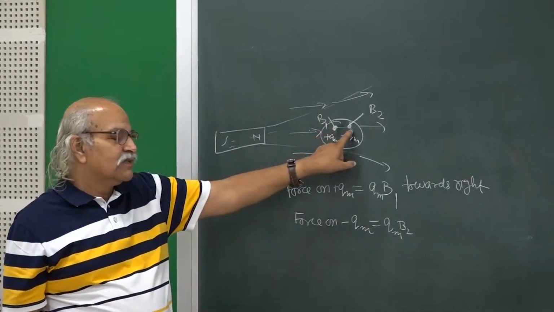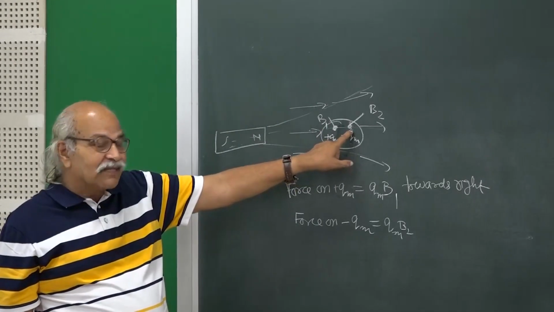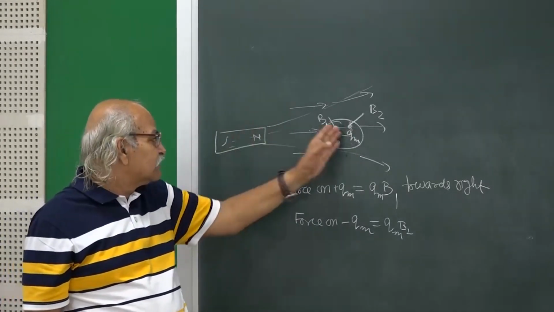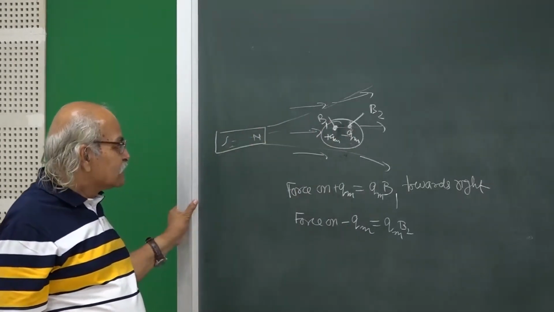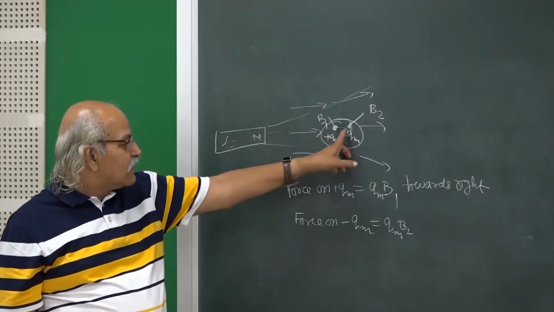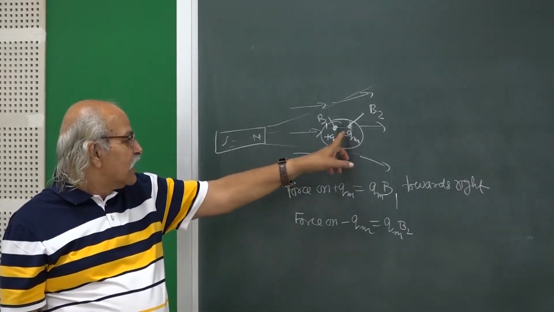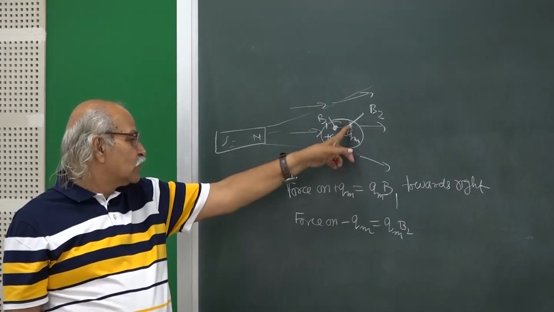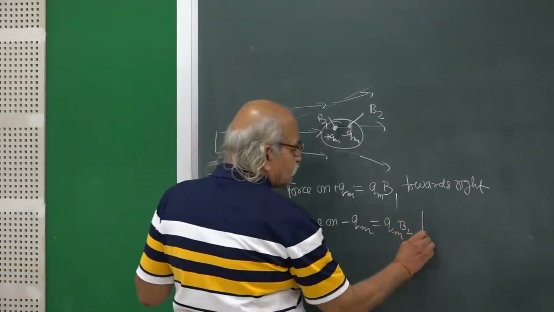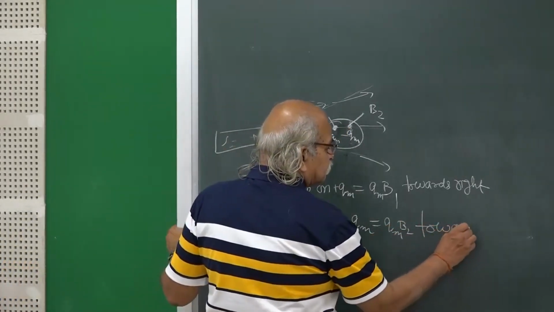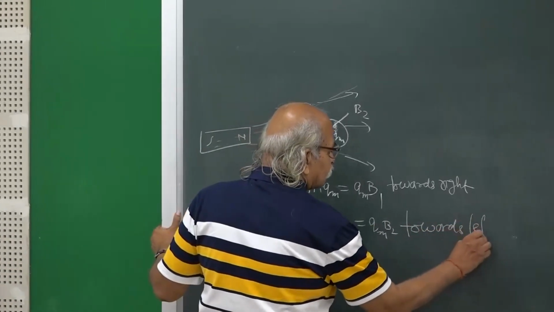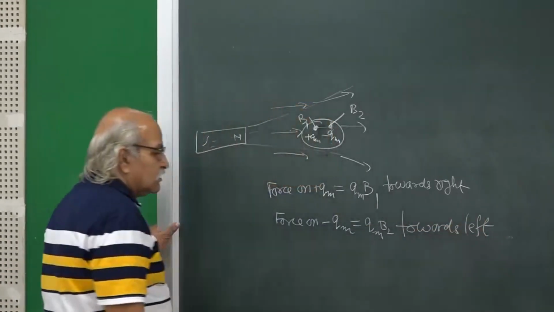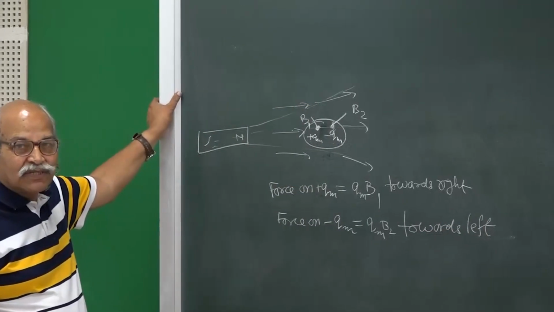This b2 is smaller, farther away from the magnet. And it is a negative magnetic charge that we have assumed, and therefore, the force is towards left.